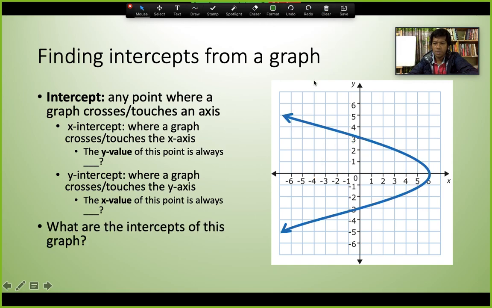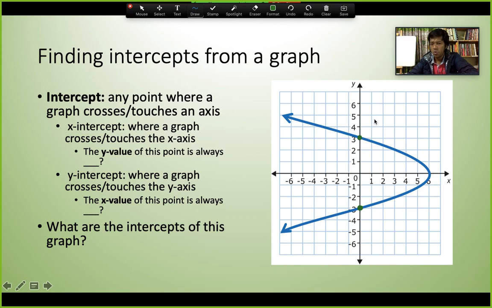We have graphs here so that you can see. For this graph, what is the x-intercept? What is the y-intercept? If you look at this, this is a y-intercept, since this is our y-line, and this is also a y-intercept.